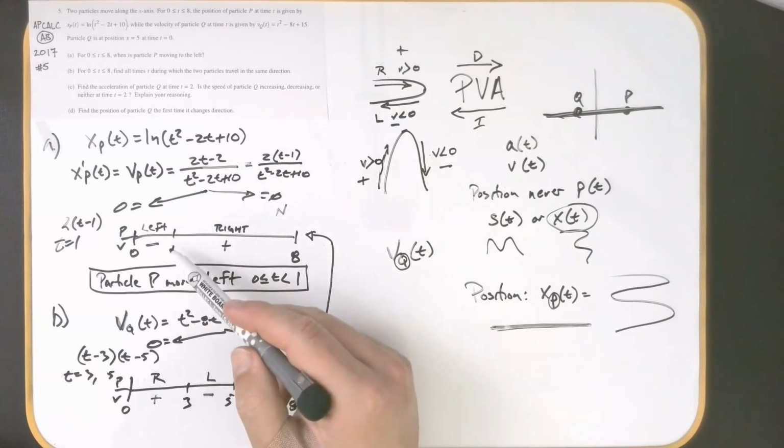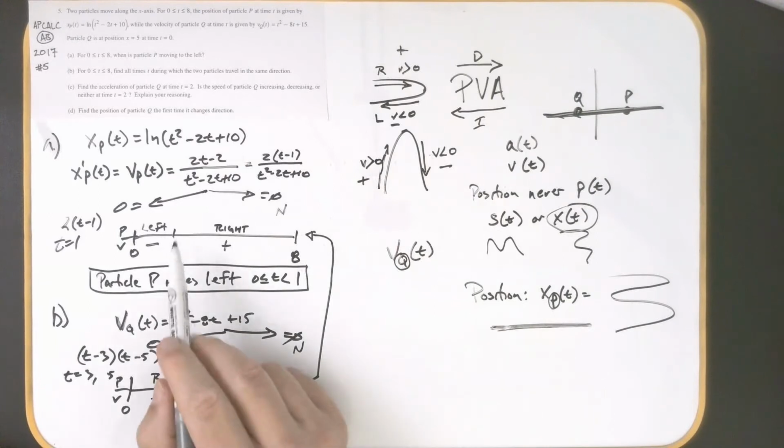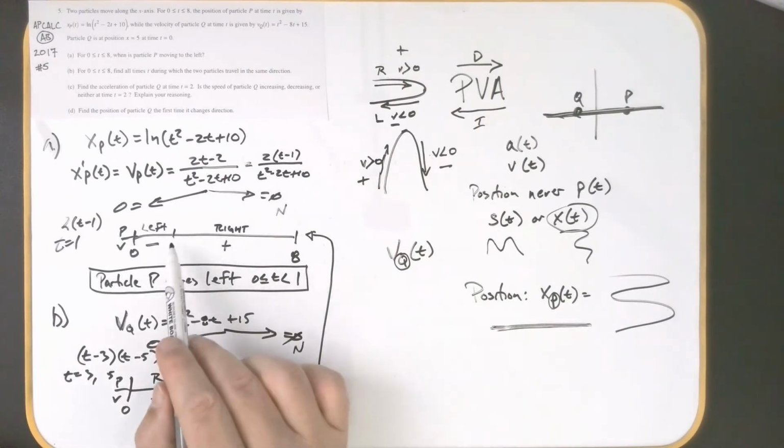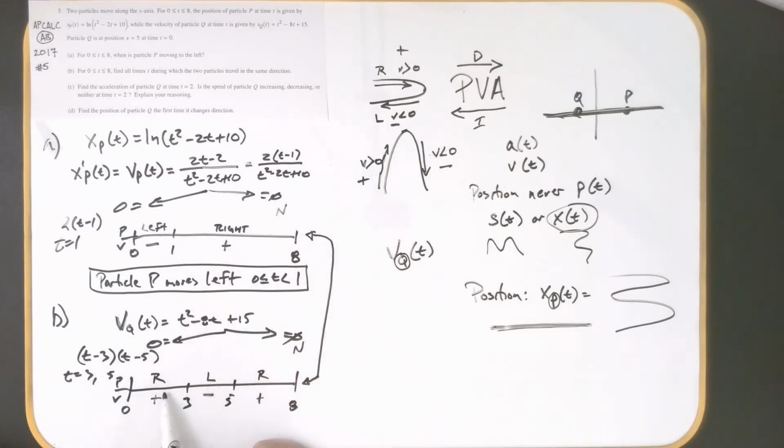But after 1, this one's moving to the right, and this one's moving to the right. So this one moves to the right the entire time. It looks like this one moves to the right from 1 to 3, but then it goes left, and it picks up again from 5 to 8. So it kind of looks like I think we're going to have two intervals where we both go the same direction.